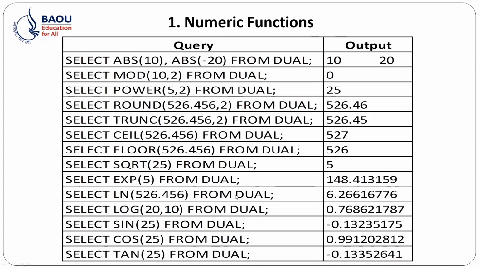One row and one column is used in dual. So the log is used to display the logarithm of 20 with base 10. Now the sine function returns the sine value of 25. Cos returns the cosine value of 25 and tan returns the tangent of 25.